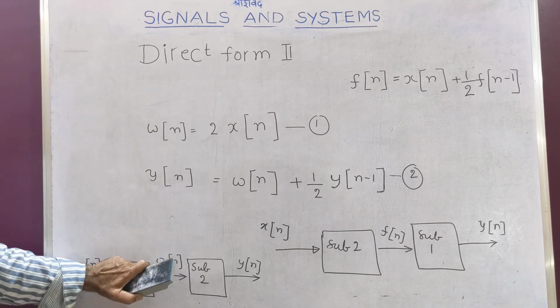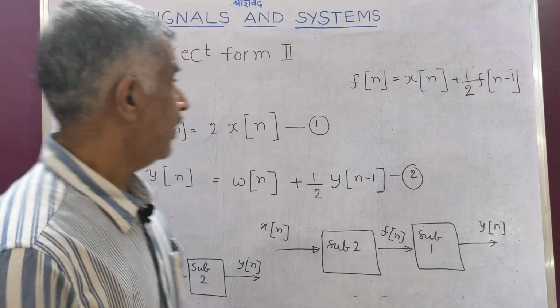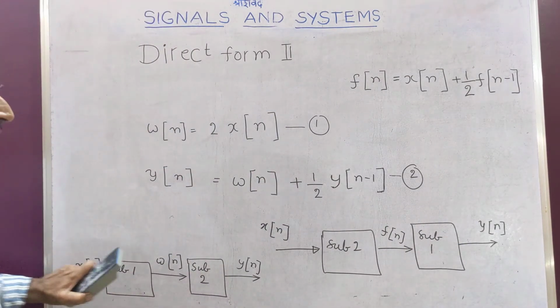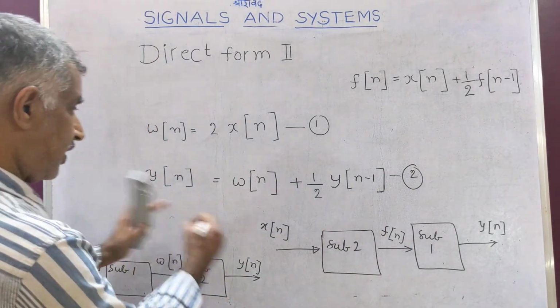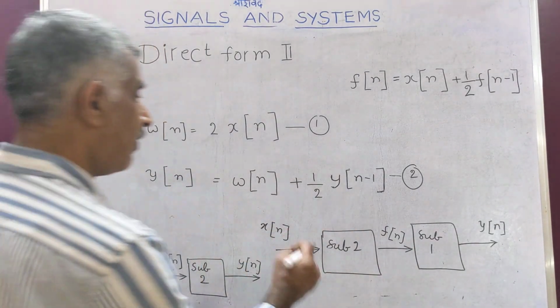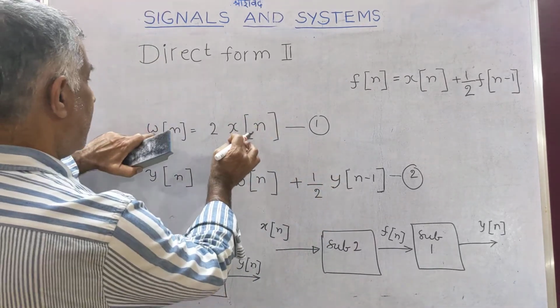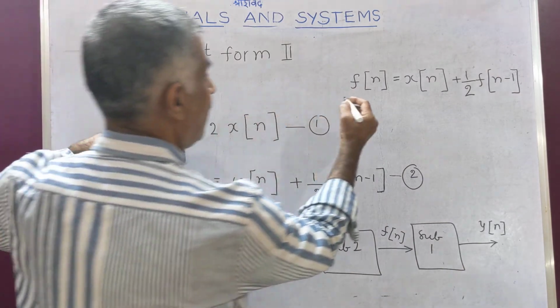In place of w of n, I have to write y of n, and in place of x of n, I must write f of n, because its position has been changed.